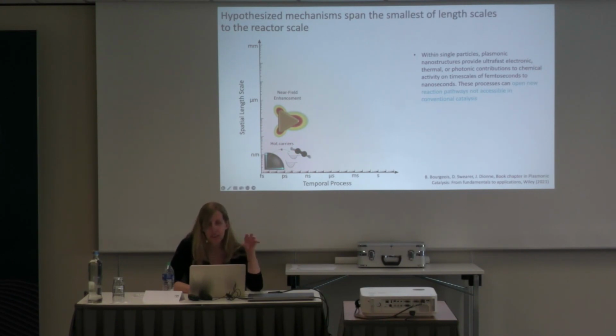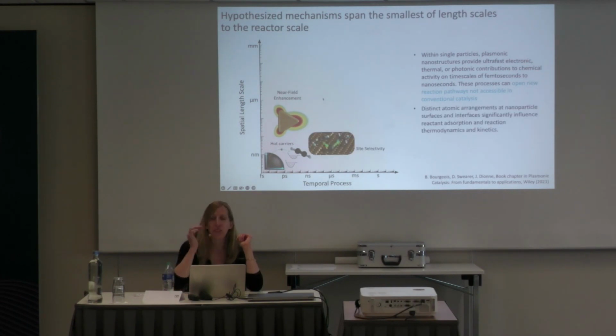So there's the possibility to use these hot carriers, and in some cases hot holes also play a role. Then there's also that near field enhancement. Where you have these electromagnetic hotspots, you not only have more hot carriers, but you also have potentially local heating effects, and you also have increased local densities of optical states that can change your transition rates between your HOMO and LUMO levels.